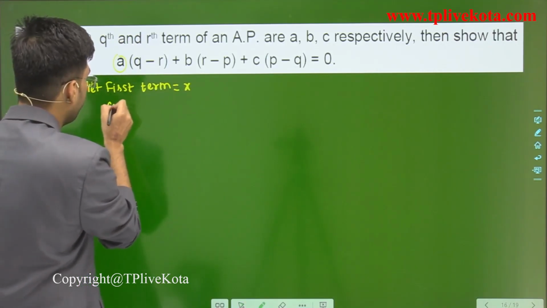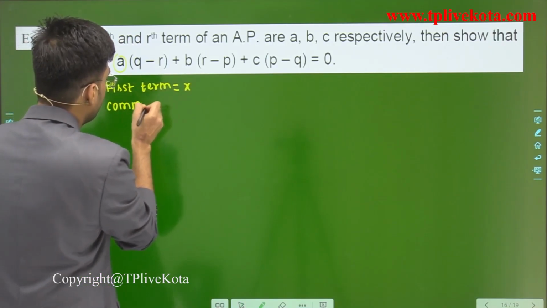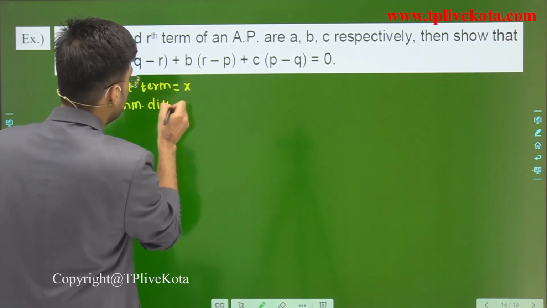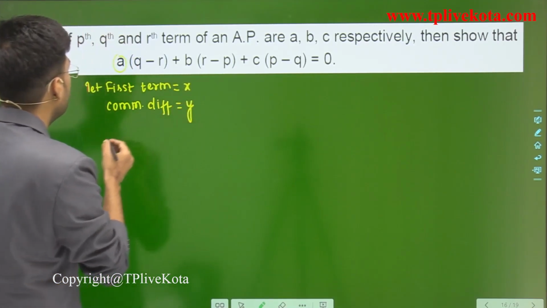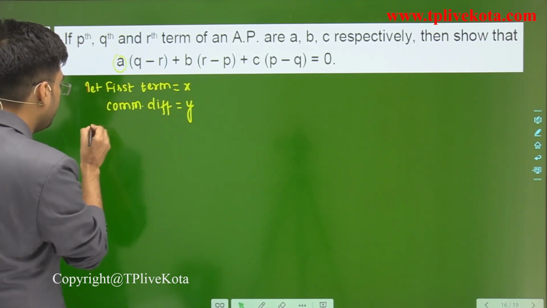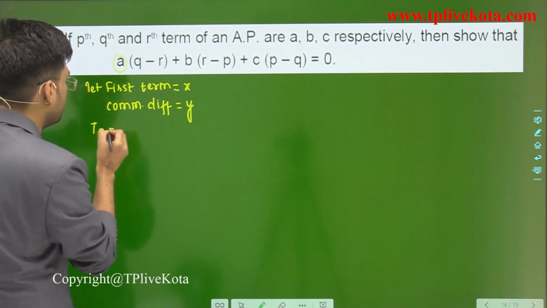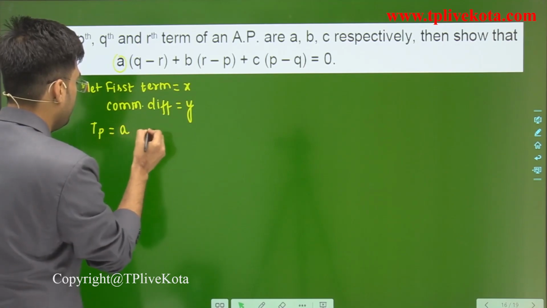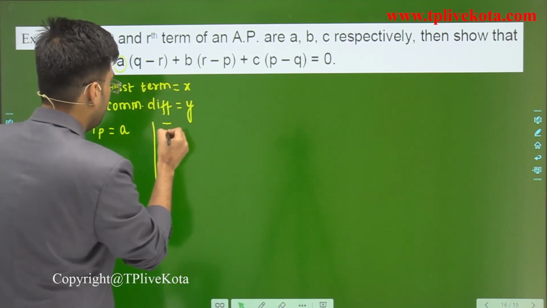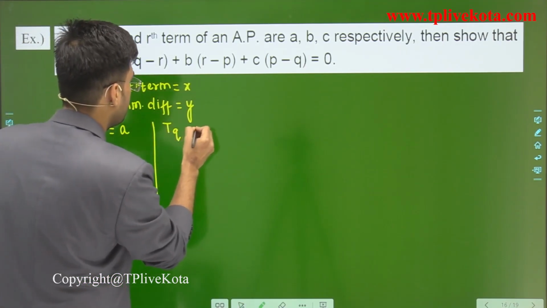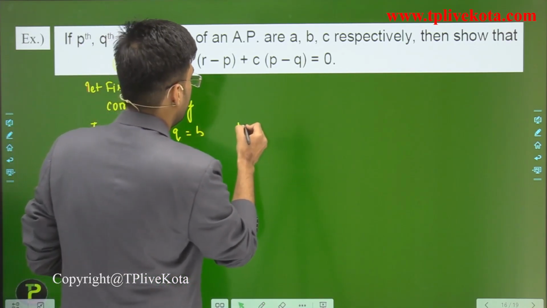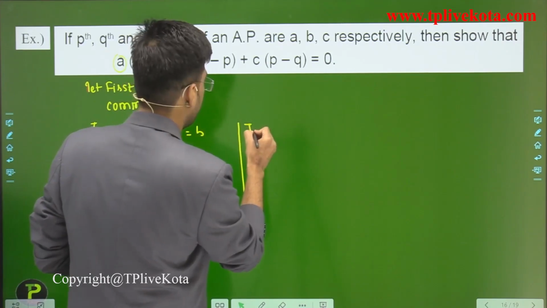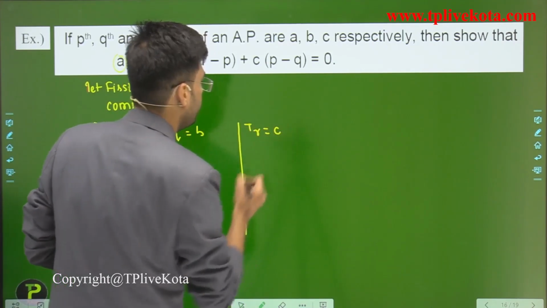And the common difference is y. Then it is given that TP is equal to A, TQ is equal to B, and TR is equal to C.